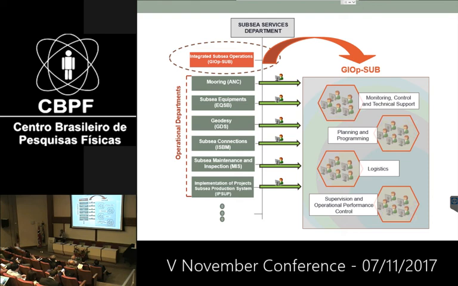In this collaborative work center, we now work with 4 teams of operators from 6 different departments of subsea service.